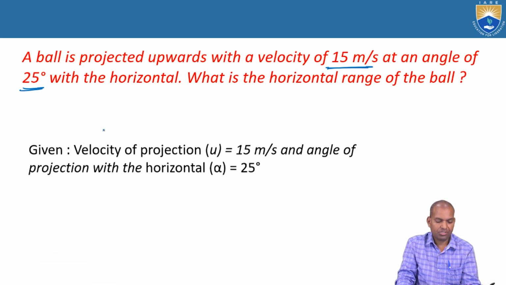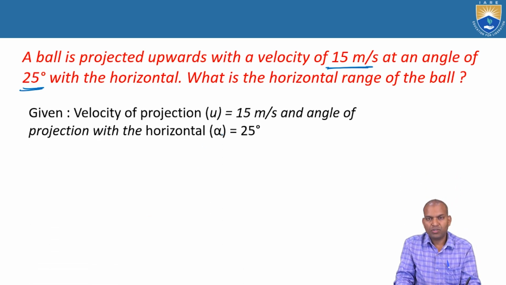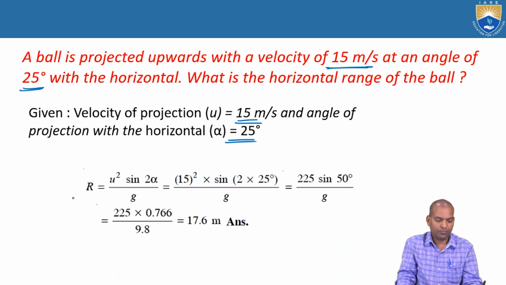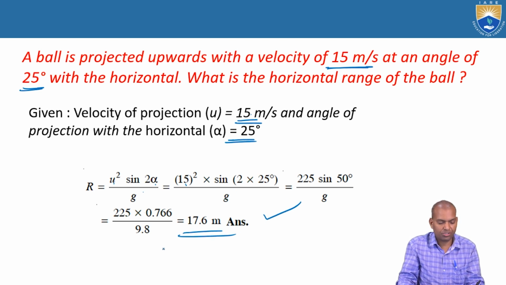The given data: u equals 15 meters per second, alpha equals 25 degrees. We know the formula, u square sin 2 alpha by g, which we just derived. Substituting, that is 15 square times sin 2 times 25 by 9.81. After simplification, you will get 17.6 meters. This R is the horizontal range.